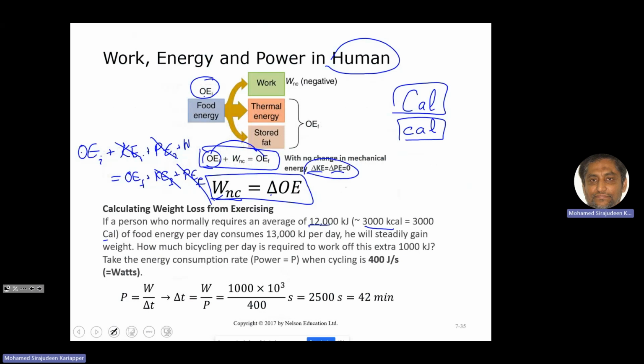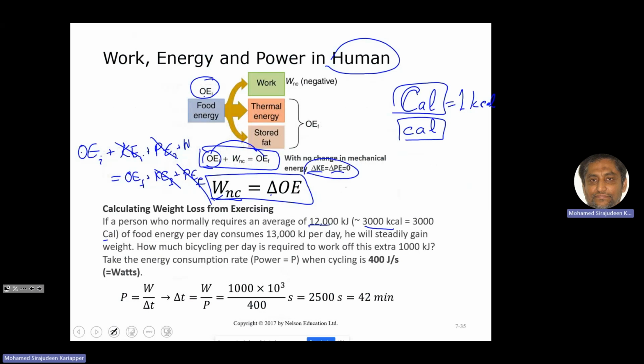So, in other words, the relationship is one big CAL, 1 kilocalorie, is equal to 1,000 small cal. So anyway, that's not that important for us. We will just stick to the SI unit.